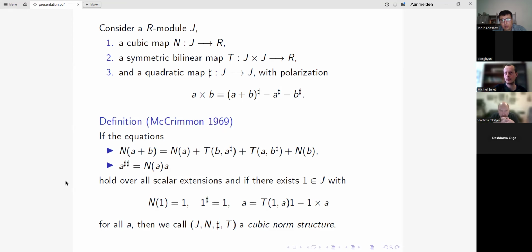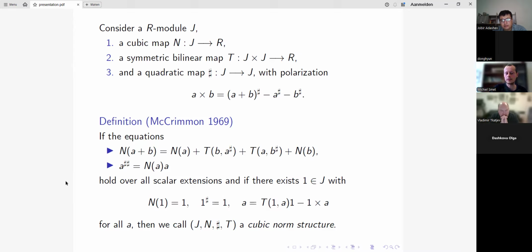This means that two equations have to hold over all scalar extensions. You have a first equation, which links compositions of T and the sharp operator with linearizations of the cubic map N, and a second equation that links applying sharp multiple times to the norm.